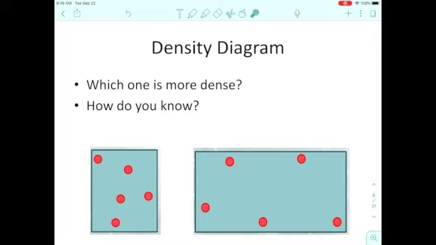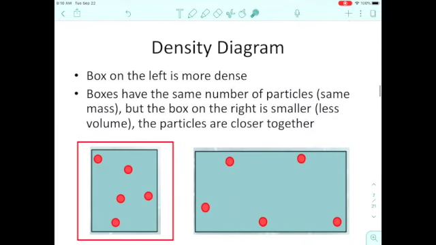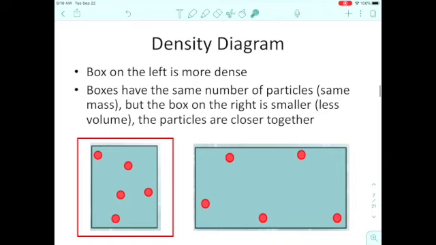This is kind of like if you have a pound of bricks versus a pound of feathers. Where they both weigh a pound, but with the brick, you don't need as many bricks to get to a pound.